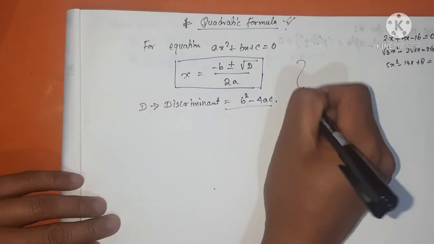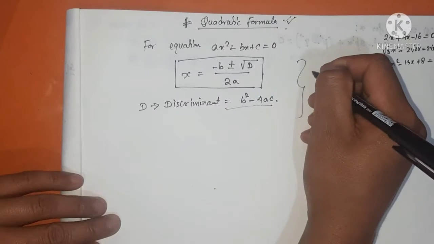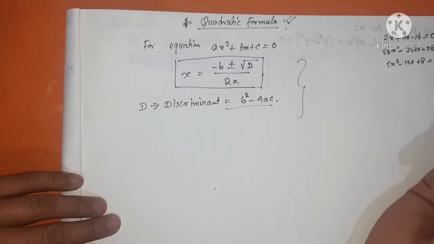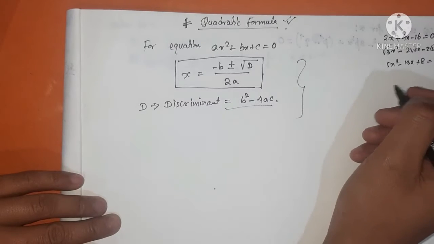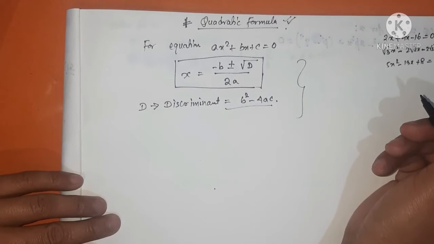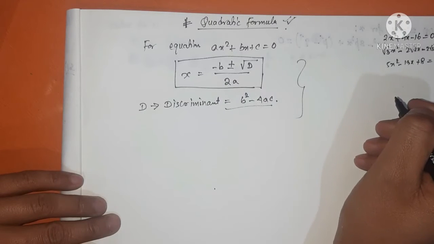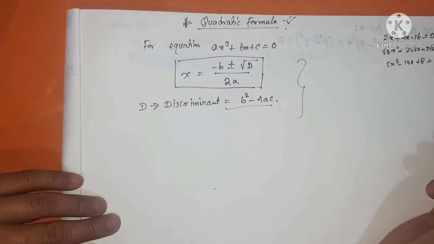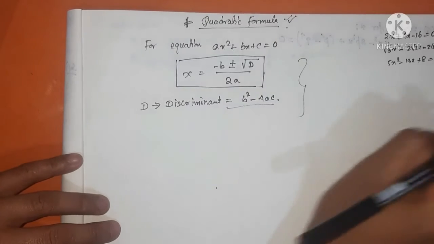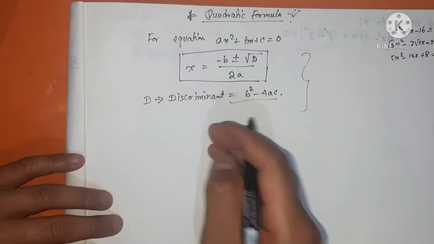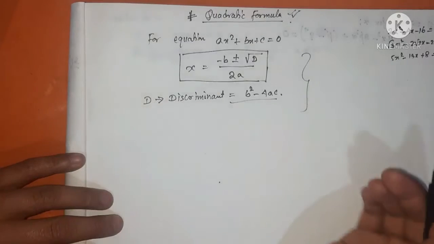But this discriminant will tell you whether the equation has equal roots, no real roots, or distinct real roots. That is called the nature of roots. We'll discuss the nature of roots in the next section. Here we'll directly use this formula to solve the given equations.